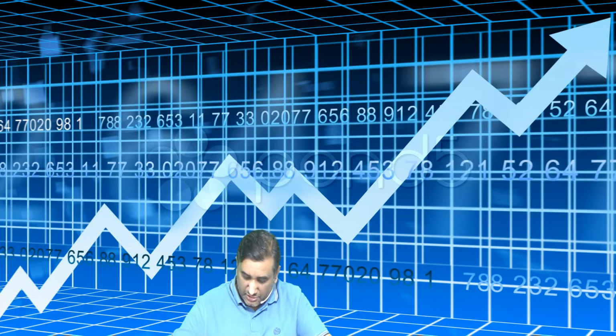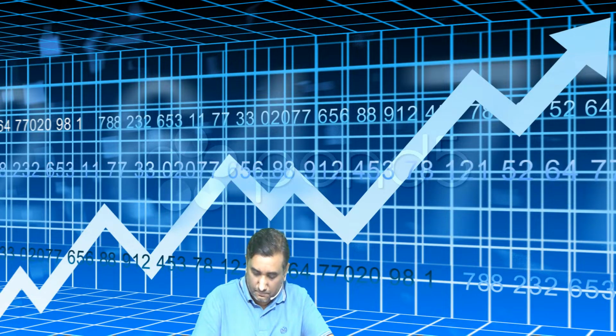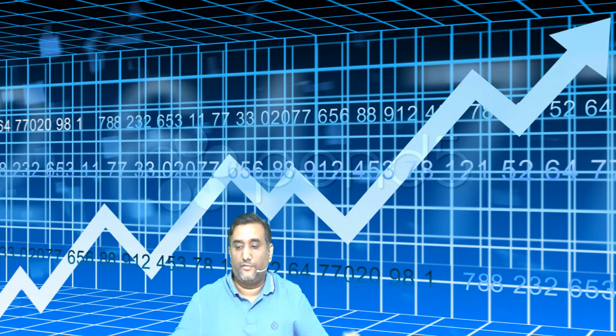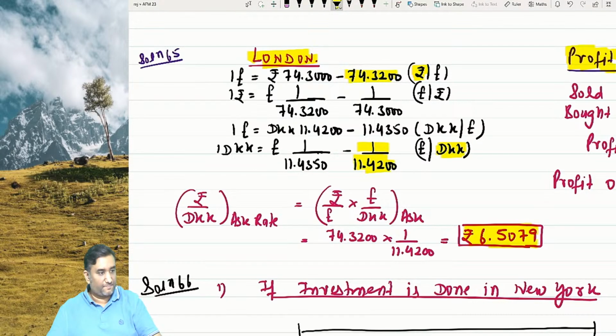This was which question number? 3, 5. So 65. £1 is equal to rupees 74.3000, and this was given.